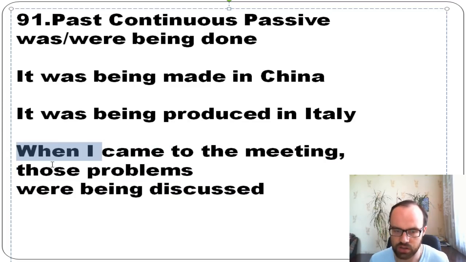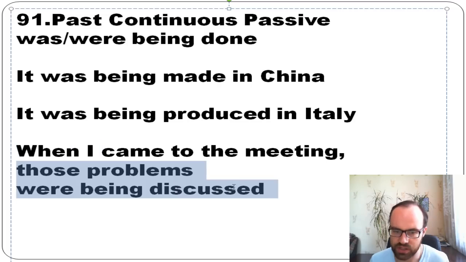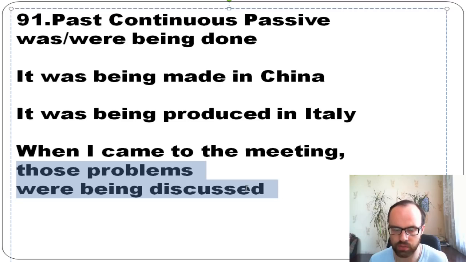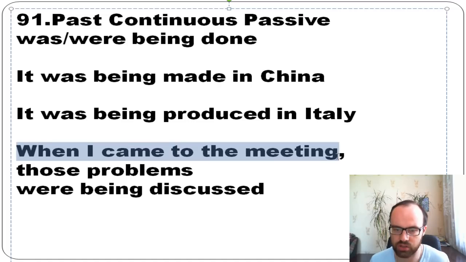One action is long, so they were discussing, and then suddenly I came. It can be said in passive voice: the problems were being discussed by someone. They were being discussed, and someone came. So this action interrupted the second one.